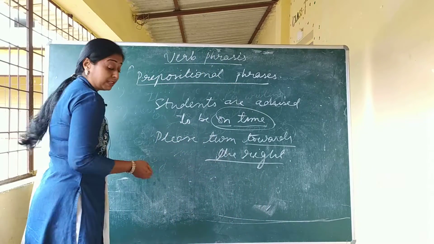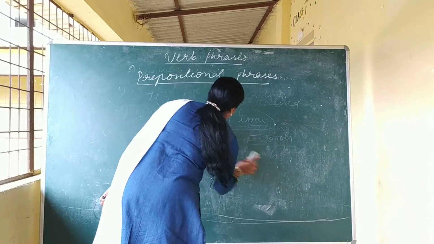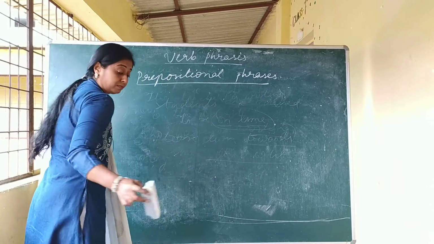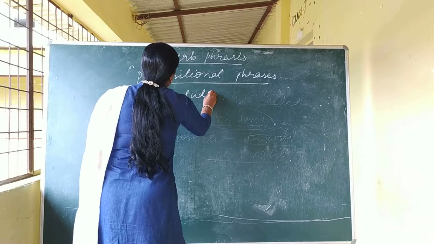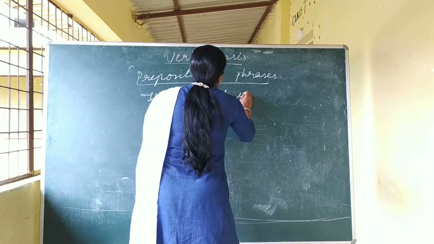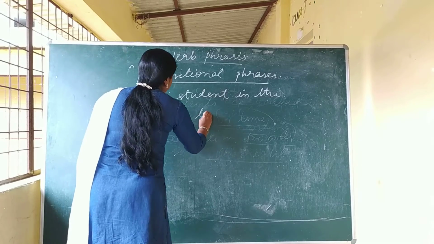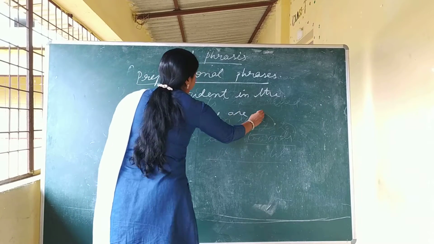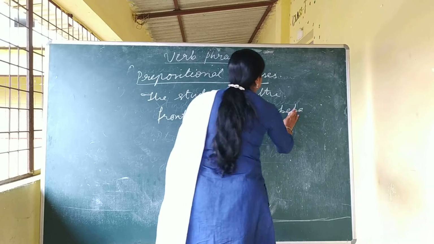The students at the end of the line is misbehaving again. Okay, suppose one sentence I will show you here. The students in the front line are misbehaving, if I say.